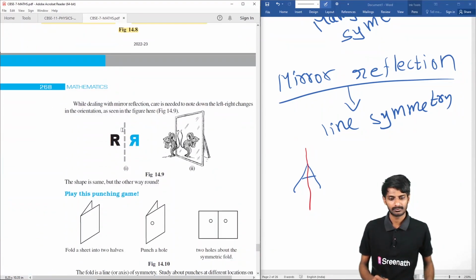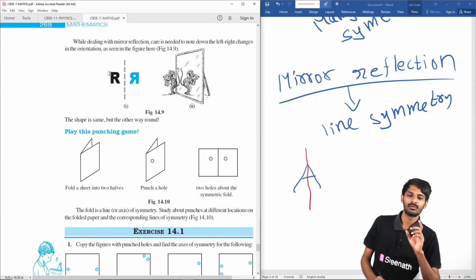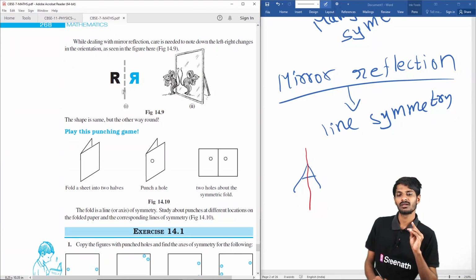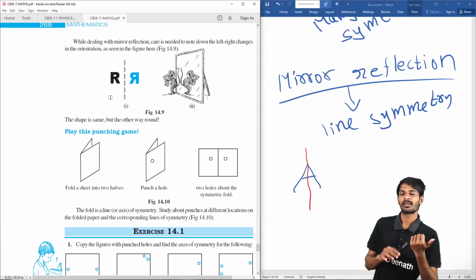And suppose you take a car and place it in front of a mirror, you will get it like this. So in the case of a mirror, what happens? Left looks like right, right looks like left, top looks like down, down looks like top. This type of change will occur.